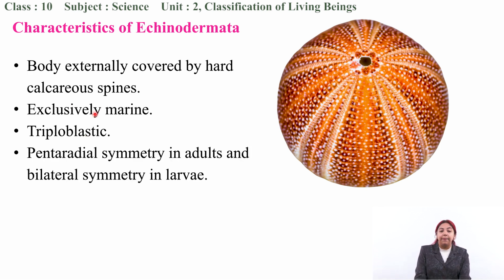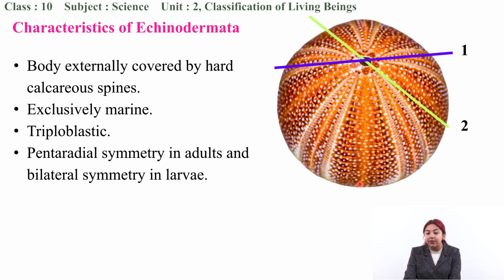They have pentaradial symmetry in adults and bilateral symmetry in larvae. Penta means 5, and radial symmetry we already know about. For example, if we want to find the symmetry of this echinoderm, you can see that we can divide it in one plane into 2 mirror images.